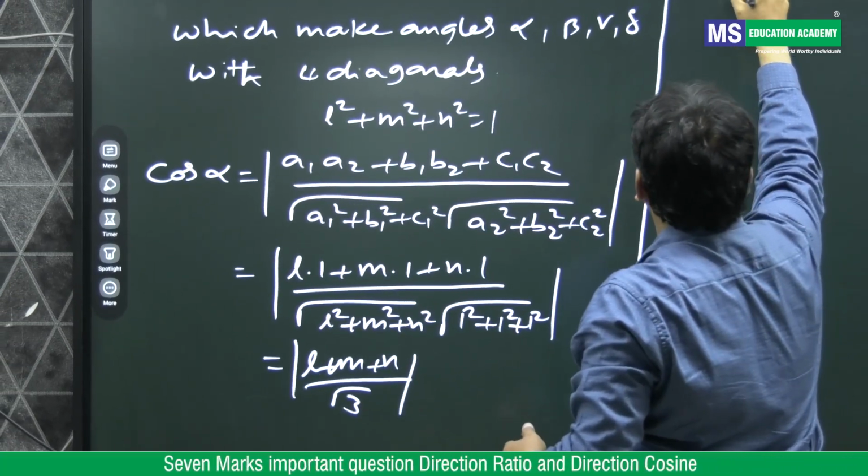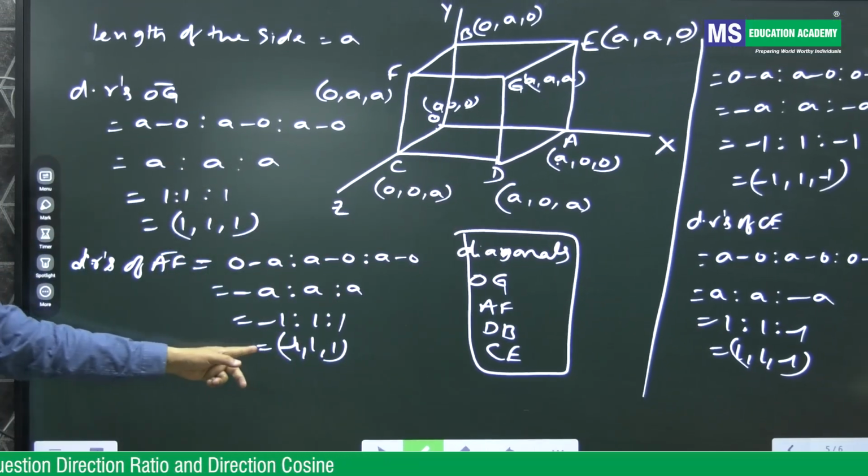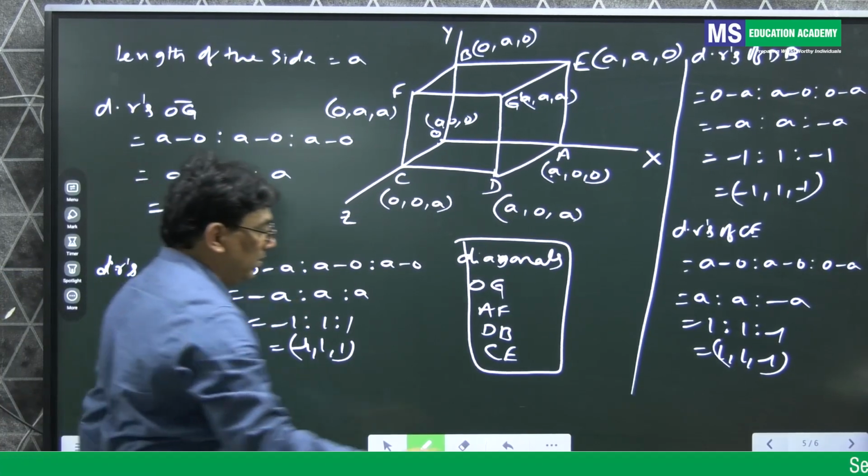Cos beta, that one is the angle made with the other diagonal, the second diagonal AF. The DRs are minus 1, 1, 1.